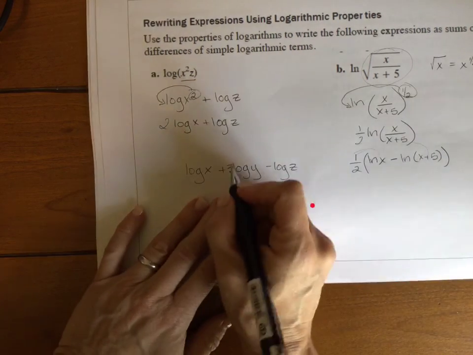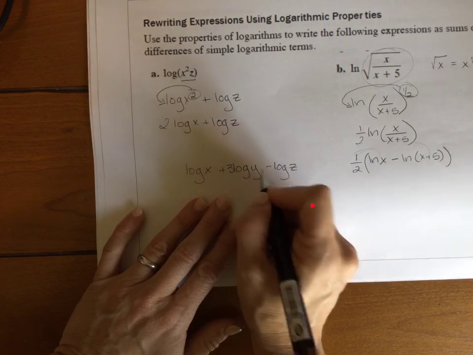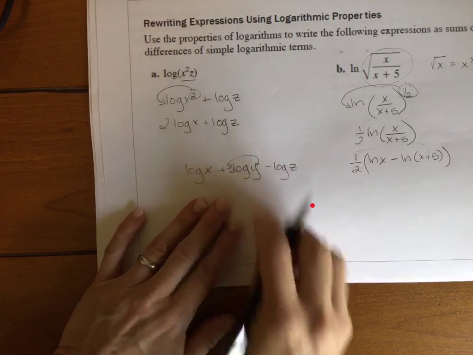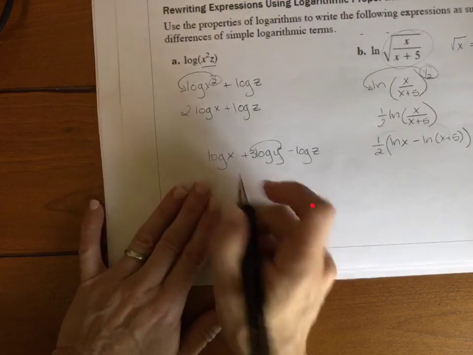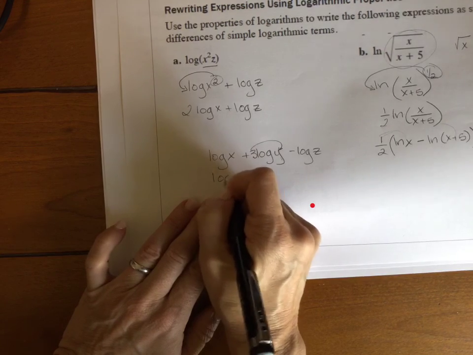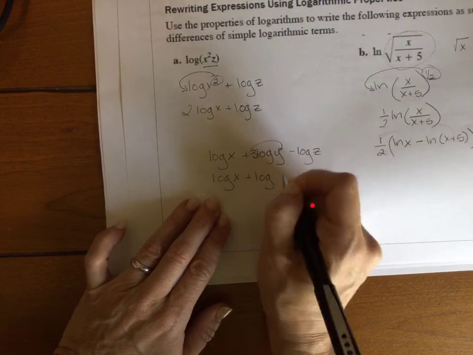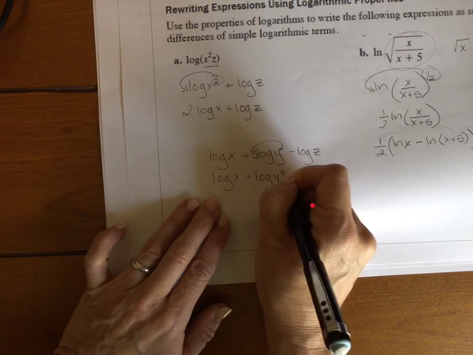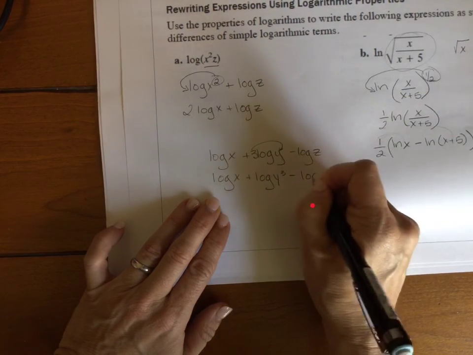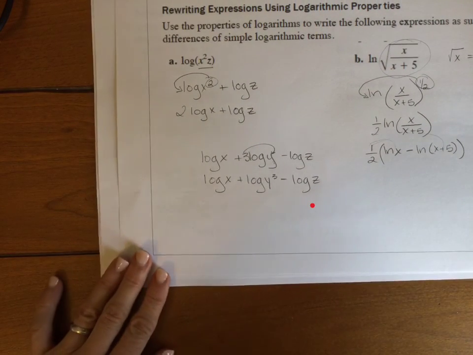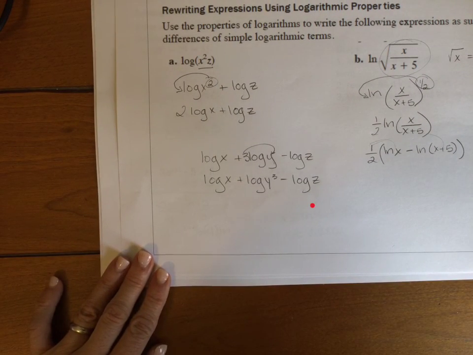So one thing you should recognize is that this 3 only goes to the y. So if it's out front here, it means it was really an exponent. So maybe if you don't want to do it all in one step, your first step might be to write it like this, where you have log of x plus log y cubed minus log z.